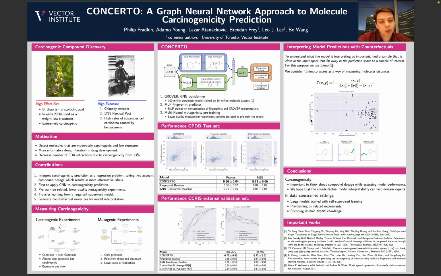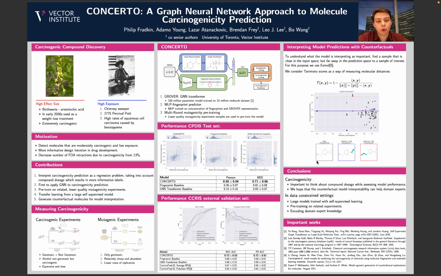And on the y-axis, you have the carcinogenicity percentile. So we're interested in identifying these counterfactual molecules that are related to our original molecule, but the model interprets as either extremely non-carcinogenic, like this point in blue, and extremely carcinogenic, like this point in red.